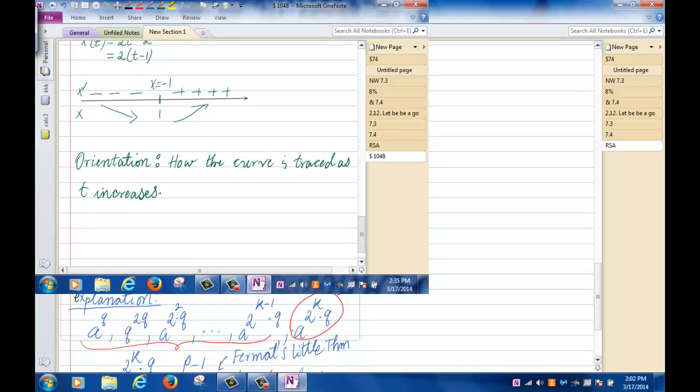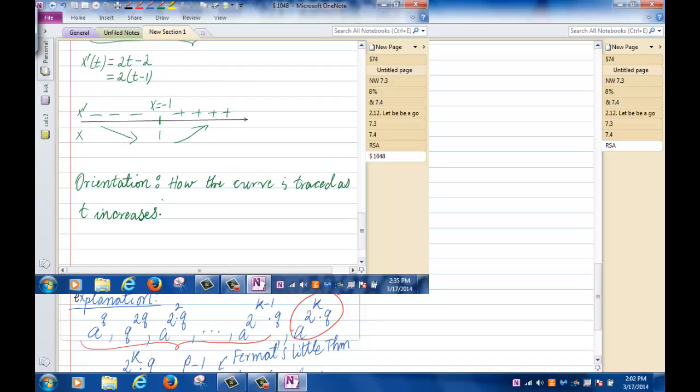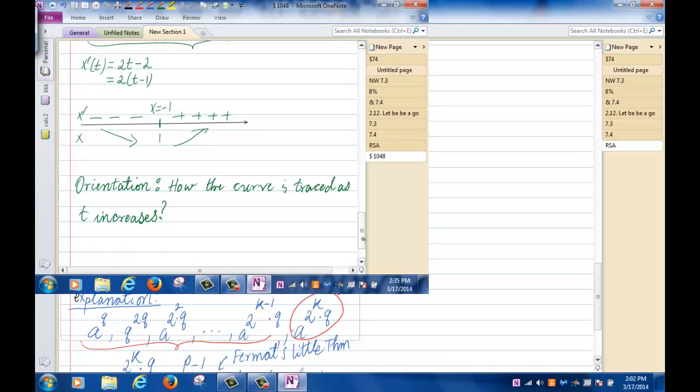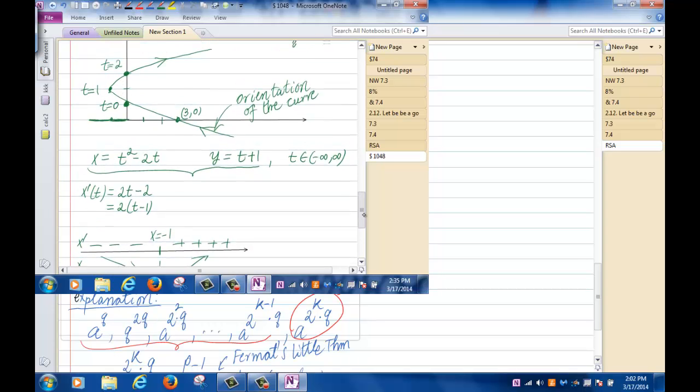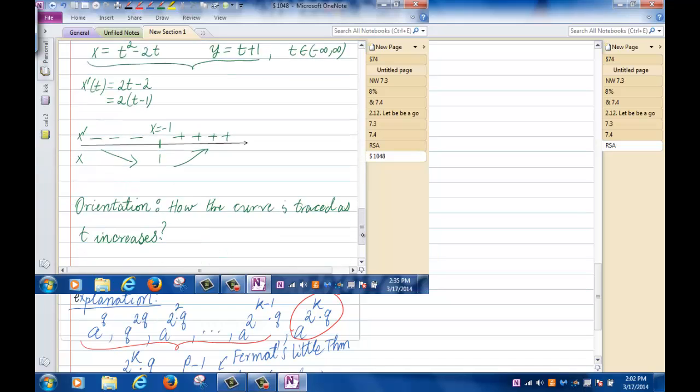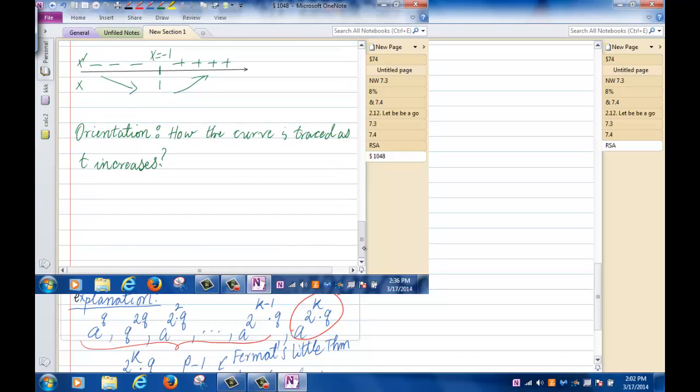Am I making sense? By orientation, you have to answer this question: how the curve is traced as the value of t increases. As time progresses, how the object is moving along the curve. Okay, that's the orientation. Everybody is clear on what we did? Is that clear how I came up with the graph of the curve, and then the orientation of the curve? Any questions on that?